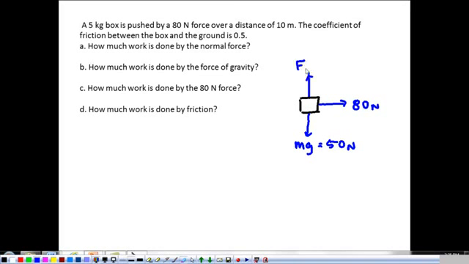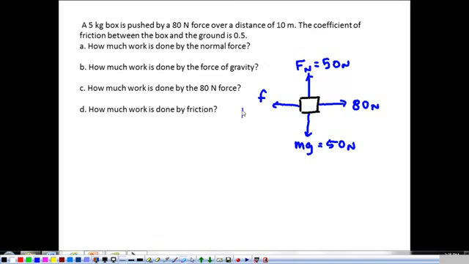We have a normal force acting on the box. Since it's sitting on the ground and not on tilted ground, and we're not pulling up at an angle, that normal force is also going to be equal to 50 newtons. And we know that there is friction acting on my box. Now, before we move on, we probably should figure out how much that friction is.